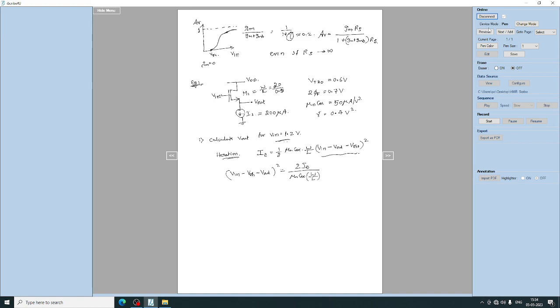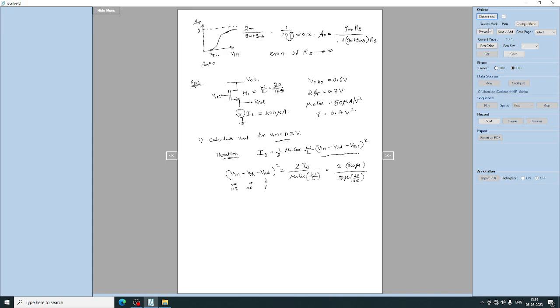Substituting the value of V in as 1.2 volt, the threshold voltage given is 0.6. We have to find out V out. The ID is 200 micro, which has been given, divided by mu n COX, which is 50 micro, and W by L is also given, which is 20 by 0.5. The only unknown term is V out.